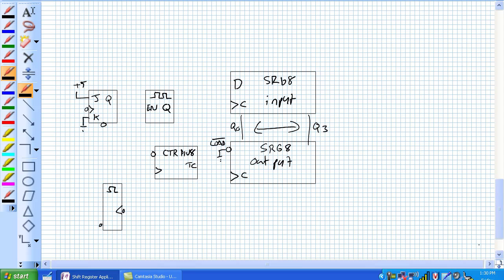And so we've got a serial in to parallel out converter here, and basically what's going to happen here is when there's no data being sent on a line, we're just going to have a continuous high signal. And then when we want to send data, we're going to send it in a very specific format.